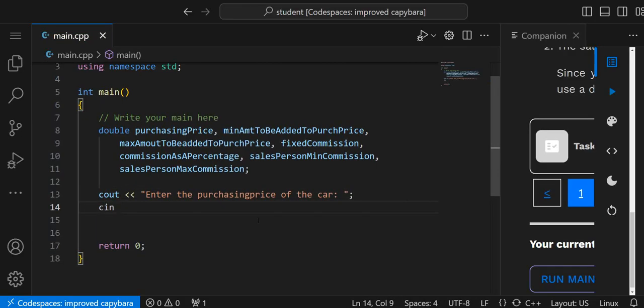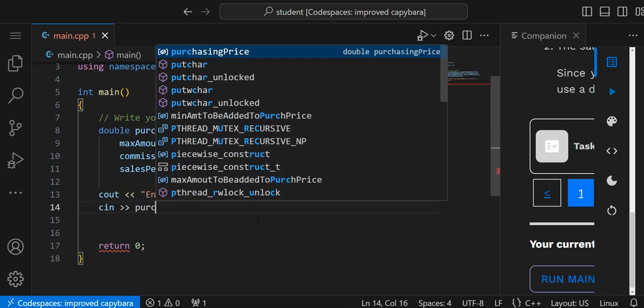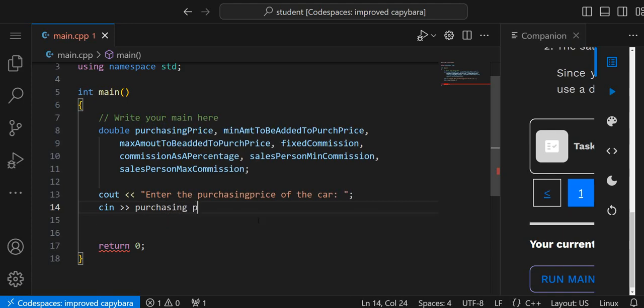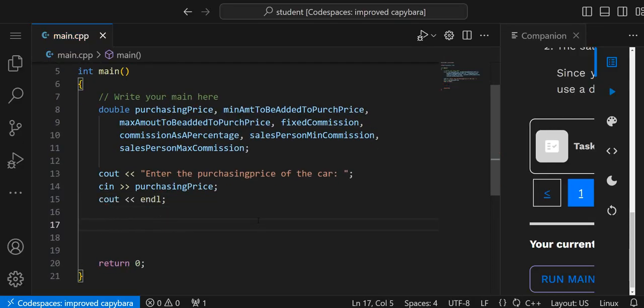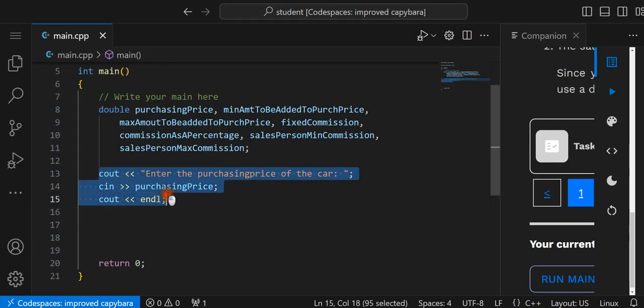So it's going to be purchasing price. Yes, we will copy and paste these, so we'll do it one at a time.